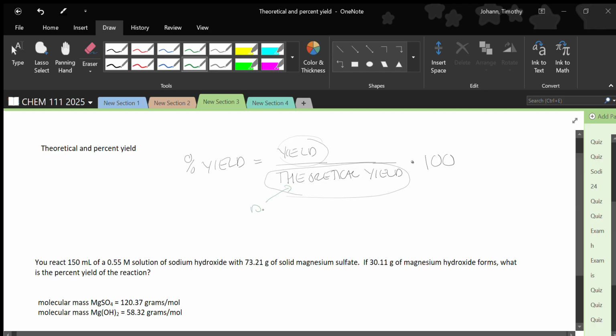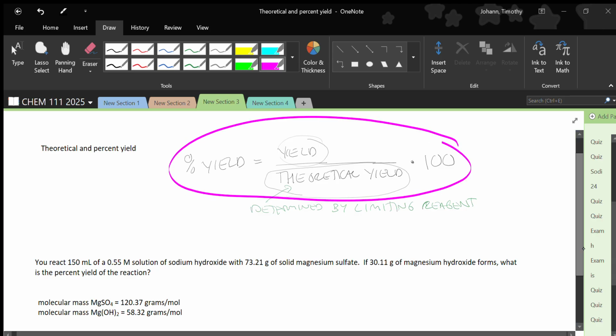So this is determined by the limiting reagent. Okay, and so once we got that, we can do that sort of thing. So this is a limiting reagent problem followed by the use of this equation.